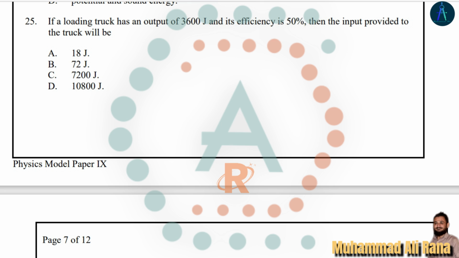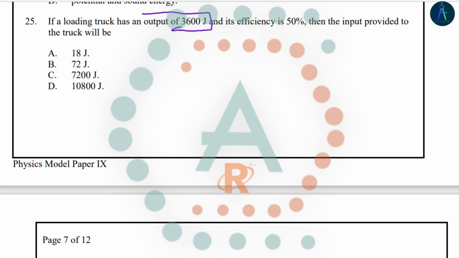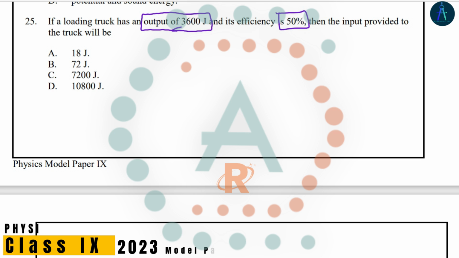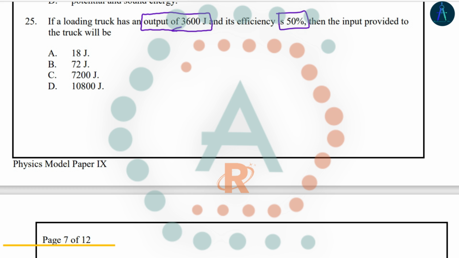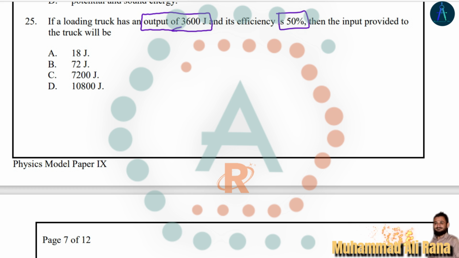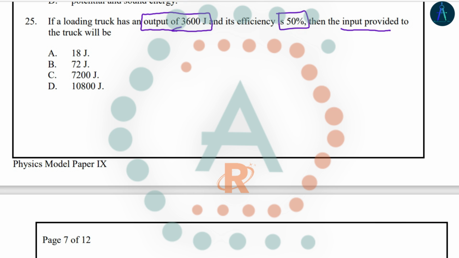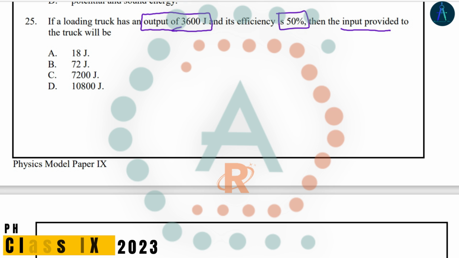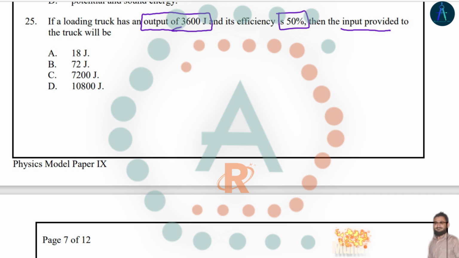If a truck has an output of 3600 joules and the efficiency is 50%, that means the truck converts 50 joules of energy out of 100 joules that is provided. So we have to find the input energy of the truck. So let's find the input of the truck.